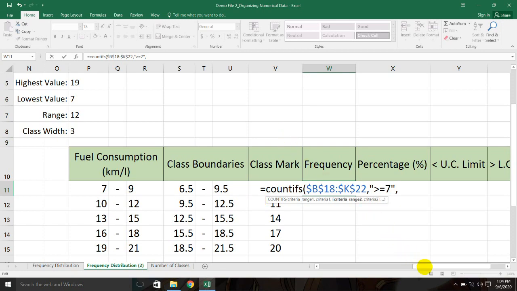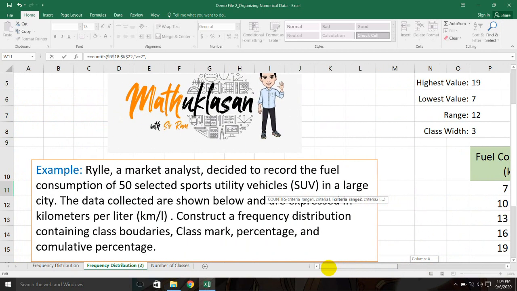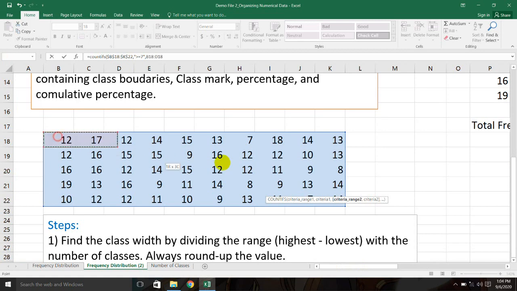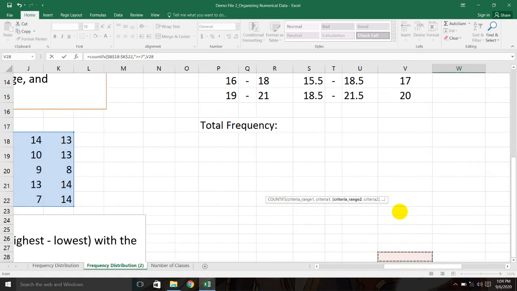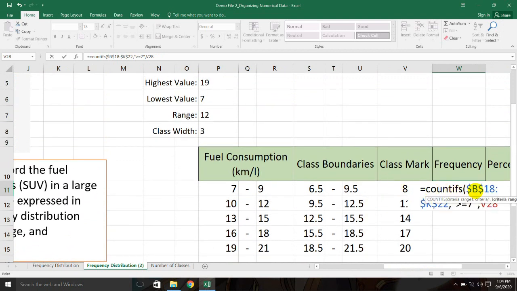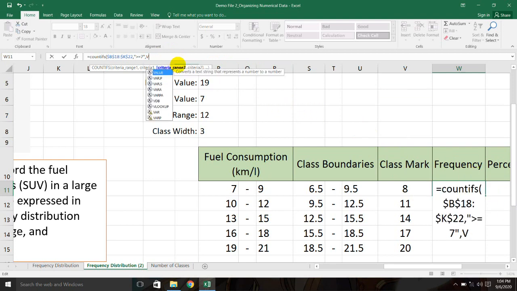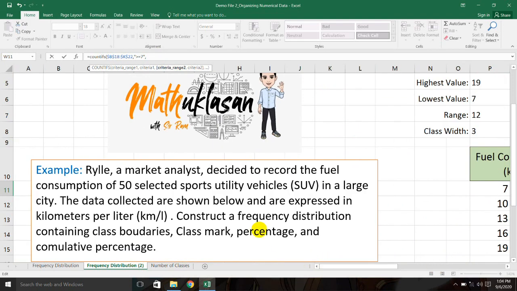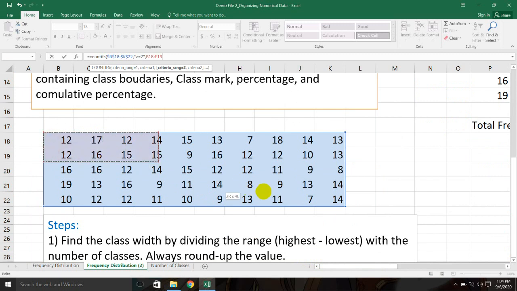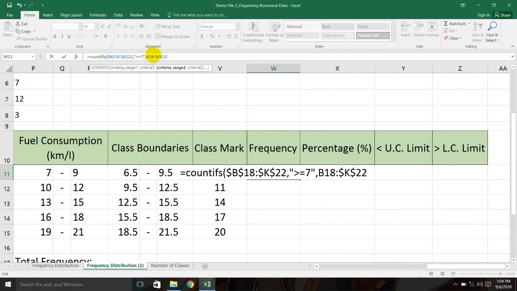So we need to set another criteria. That is why we use the COUNTIFS function, so that we can select different criteria in one formula. So in this case, I chose the same range, but looks like I was not able to select it properly. Okay, and now we have the same values here.